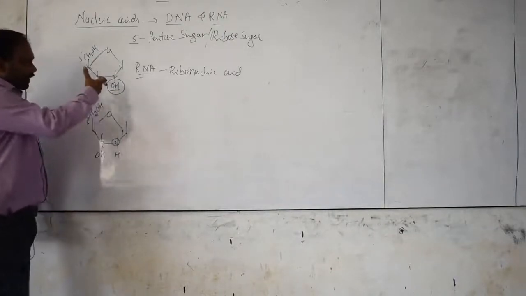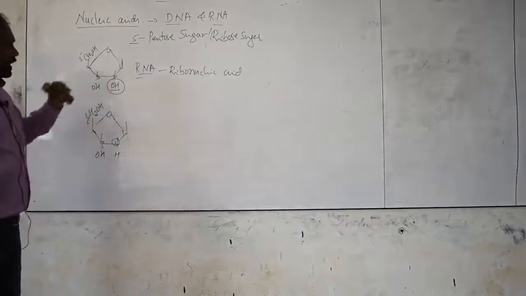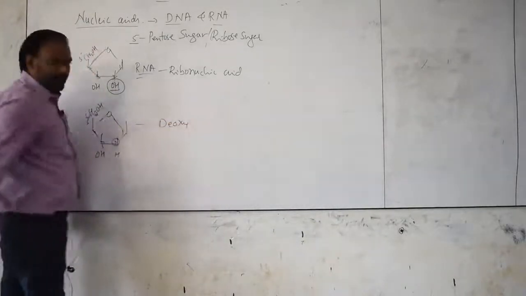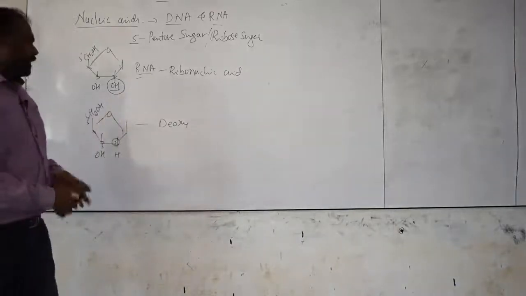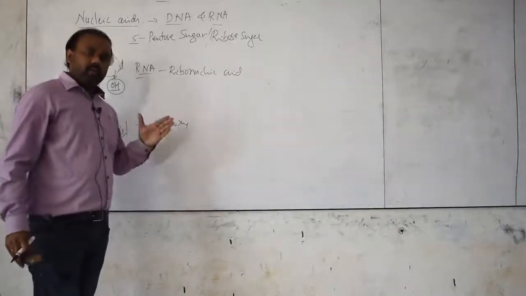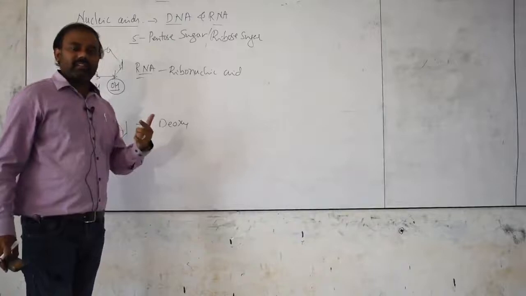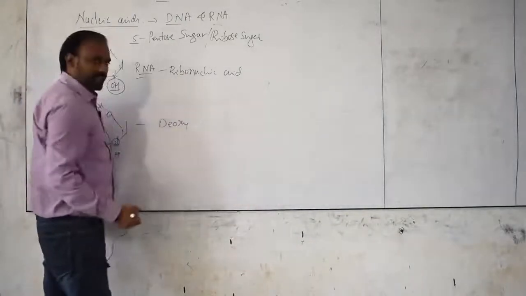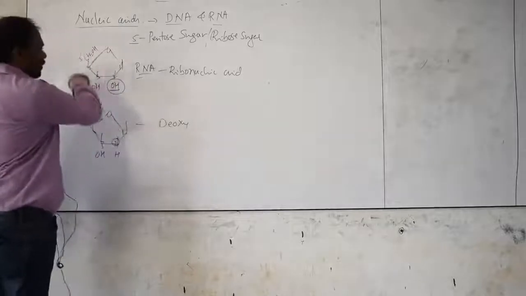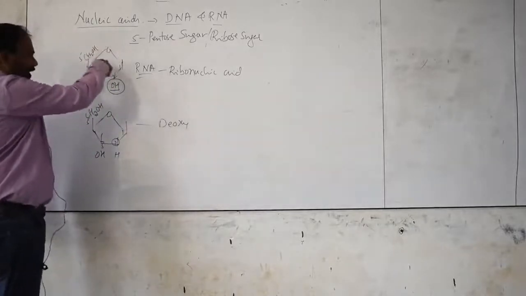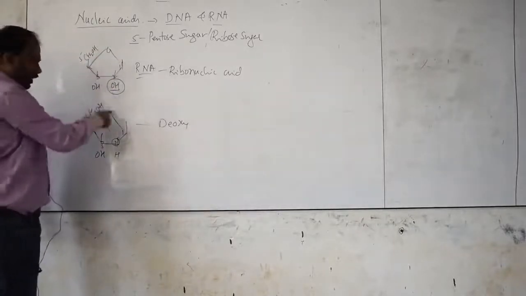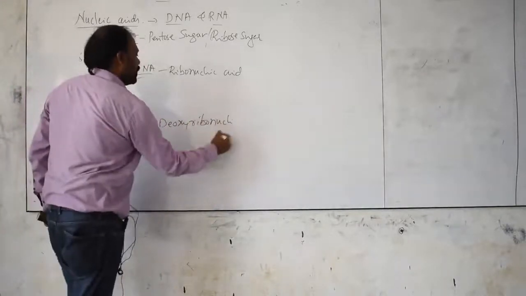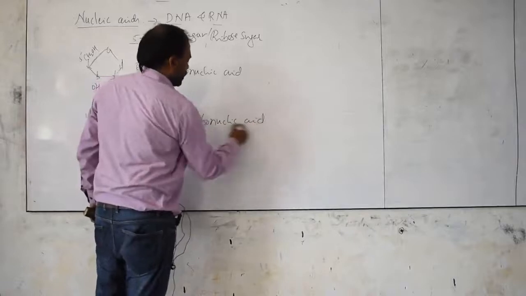So when we remove the oxygen from the second carbon atom, I can write deoxy. Very simple. The word deoxy means removal of oxygen, from the ribonucleic acid. From the ribonucleic acid we remove oxygen, so it is called deoxyribonucleic acid.